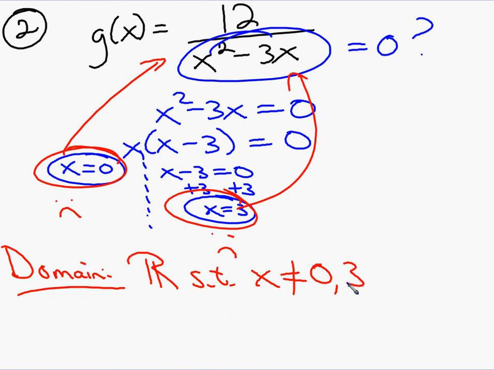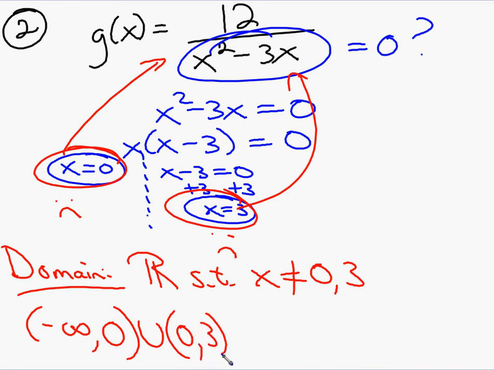Now if I were to write it in interval notation, I would start at negative infinity. The first bad value I come to is 0. So I'd put a round parenthesis around 0. Then I would say union, which stands for and. Then I go from 0 to 3. All of those values are okay. Union. Then I go from 3 to positive infinity.